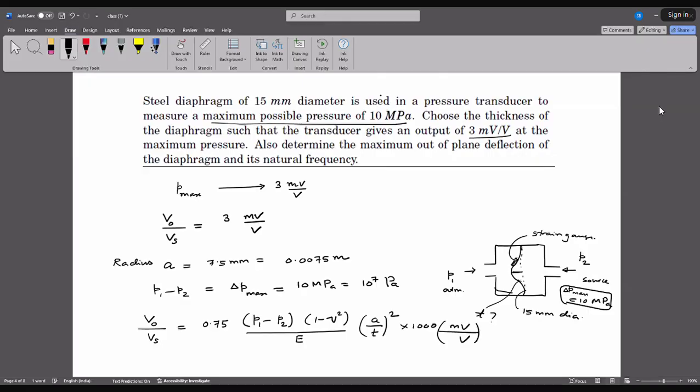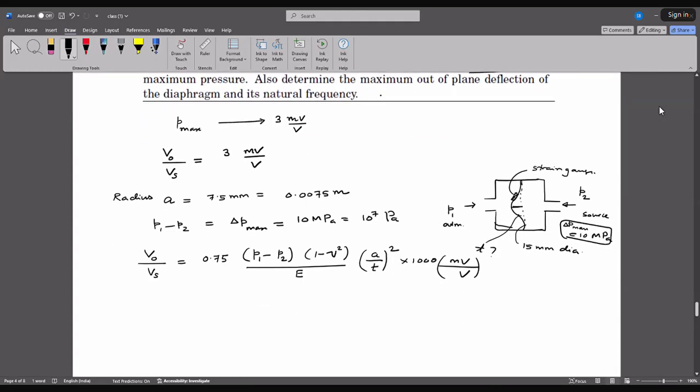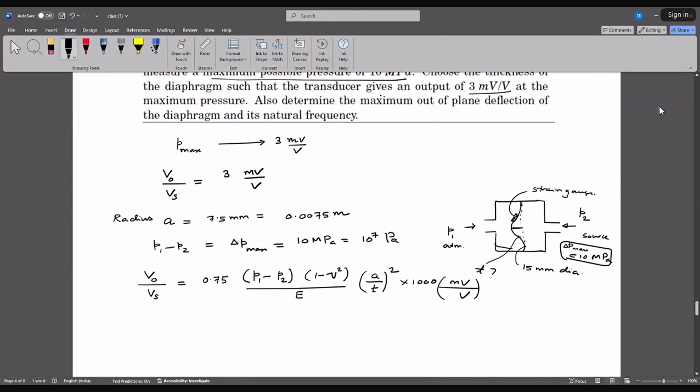So this is the formula that I had given you in the class for a diaphragm pressure transducer.